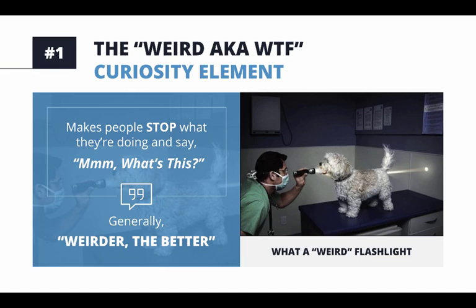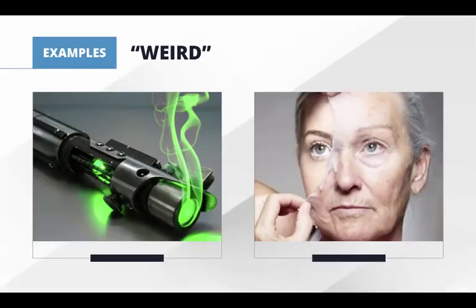People see so many ads on a daily basis. What is going to make your ad stand out? Generally, the weirder an image can get, the more that it's going to stand out in a news feed. So, here are just some examples of sort of weird looking images.